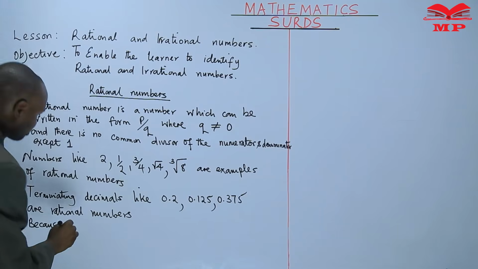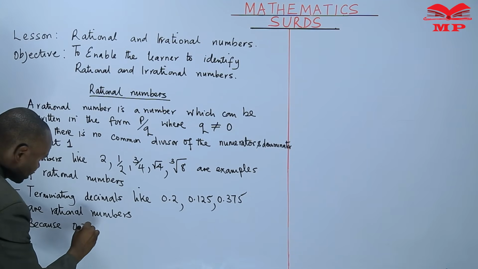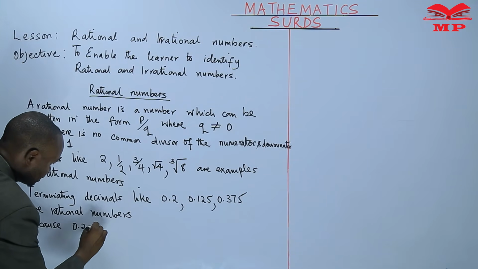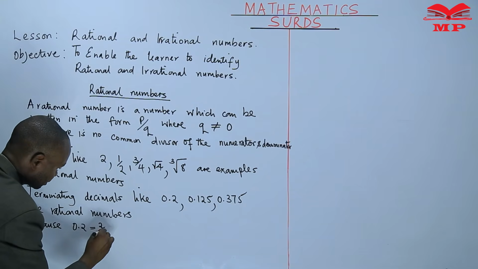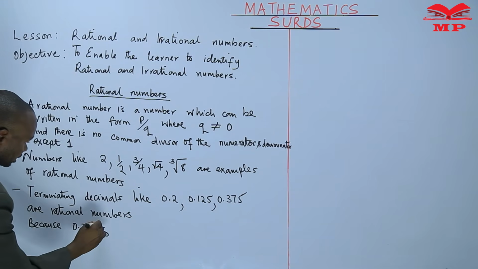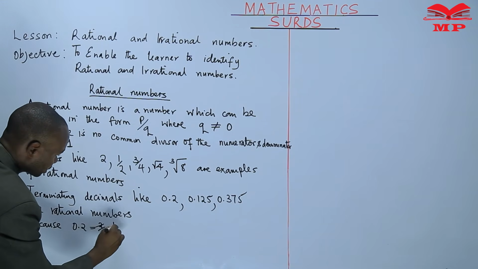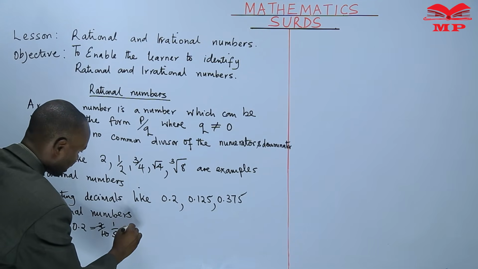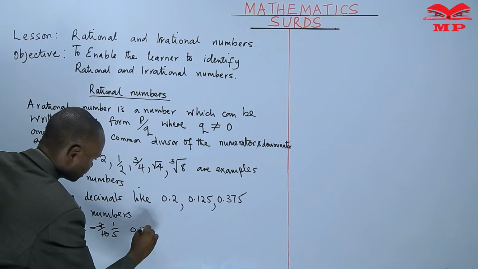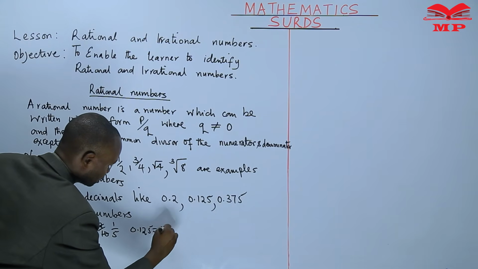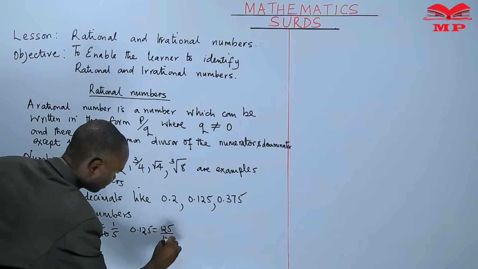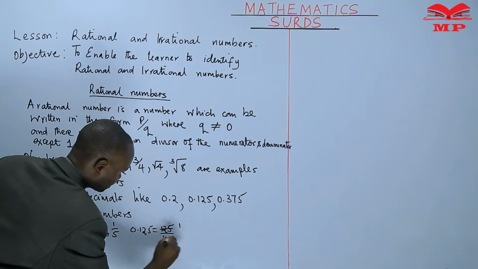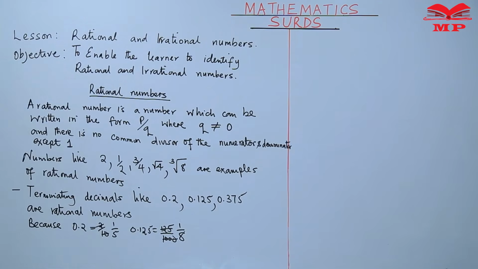If you write 0.2 as a fraction, it is 2 over 10, learner. 2 goes into 2 once, 2 goes into 10 five times. If you write 0.125 as a fraction, it is 125 over 1,000. 125 goes into 125 once, and into 1,000 eight times.